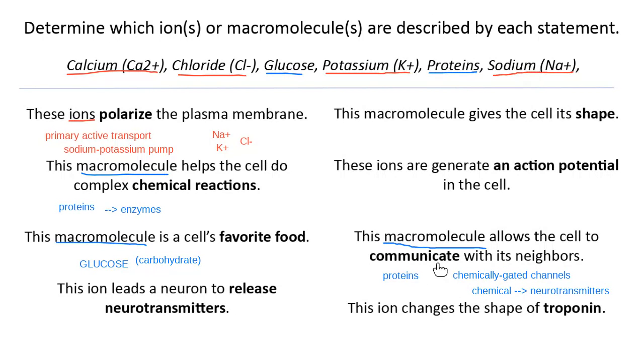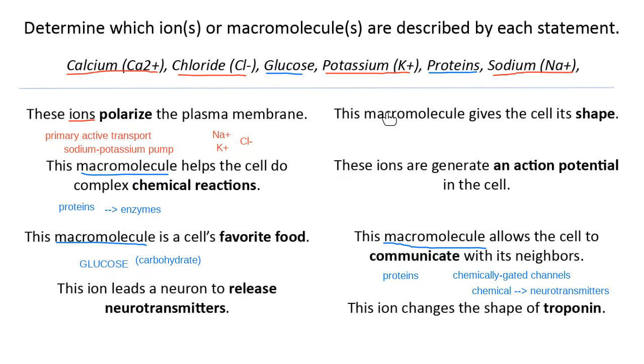So another job of proteins is to help cells to communicate with each other. One cell spits out a chemical, a neurotransmitter, that comes down and attaches to a protein on the plasma membrane of its neighbor, allowing that cell to communicate or to process what the neighbor is saying.